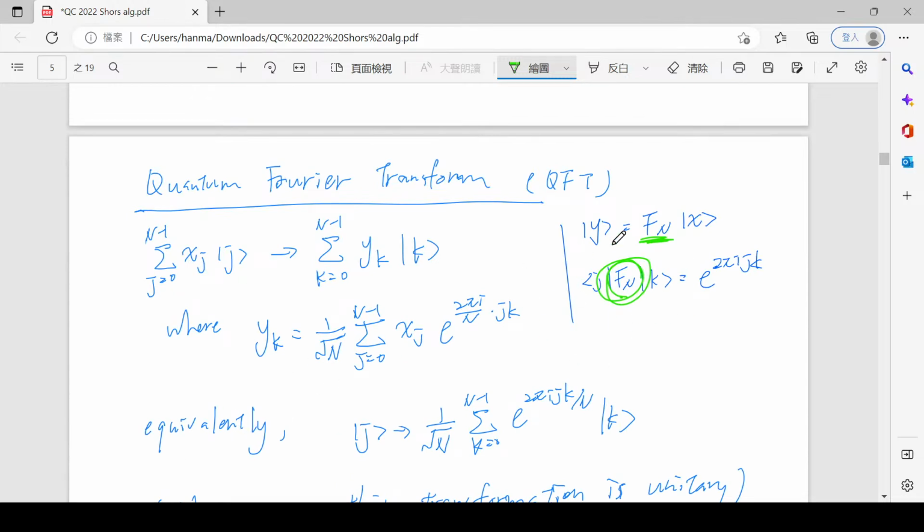Then if we can do this unitary very efficiently, we can get some quantum speedup in doing the Fourier transform. Okay?